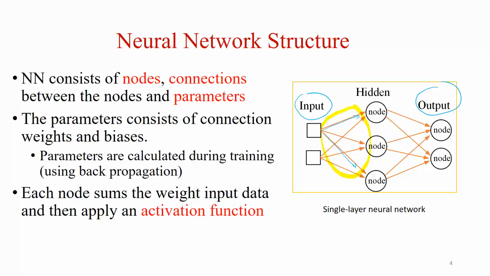And these internal nodes are part of the hidden layer. The hidden layer nodes as well fan out to the output nodes. So in this particular example or structure, we have one layer of hidden nodes, and that's why we call this neural network single layer.